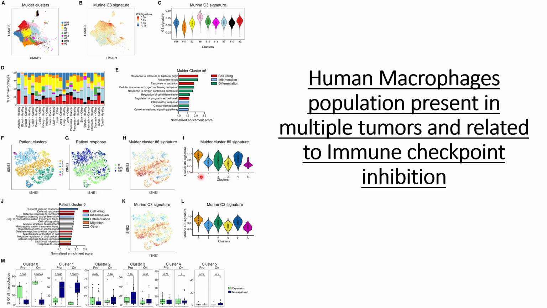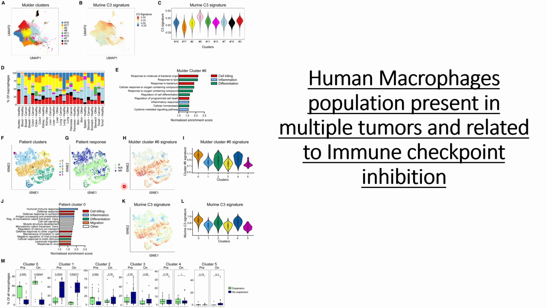Thereafter they checked the patients with this cluster 0 and did the GSEA analysis, and they found that the pathways upregulated are related to inflammation and cell killing, whereas the normal pathways are not that much upregulated.